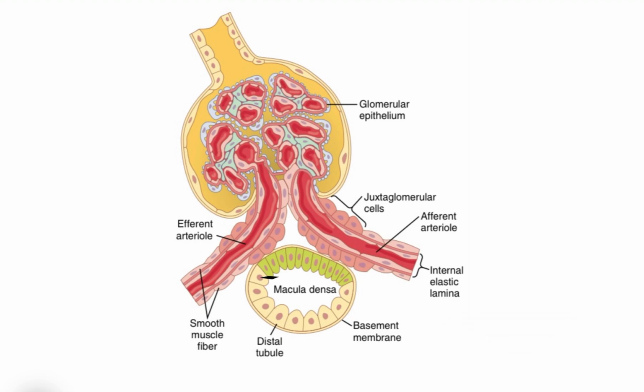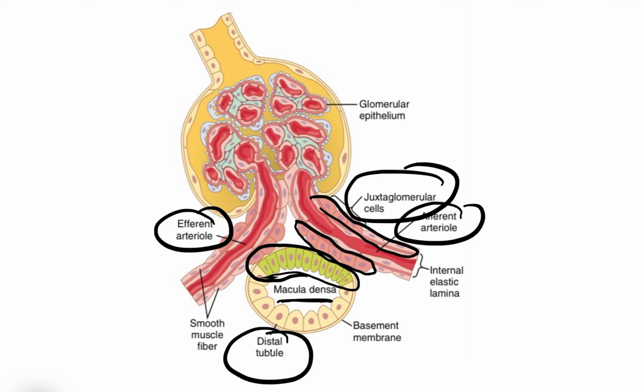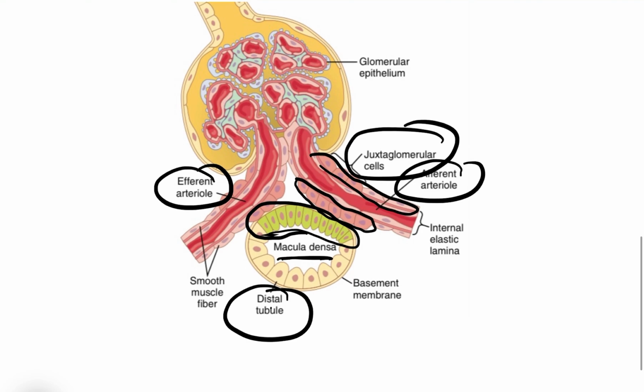This is the distal convoluted tubule, and the green structures are the specialized epithelial cells termed the macula densa. Similarly, in the afferent and efferent arterioles, which are in close contact with this distal tubule, the smooth muscle cells in the arteriolar wall are specialized and termed juxtaglomerular cells. That is what I have described. Now this is the correct diagram.